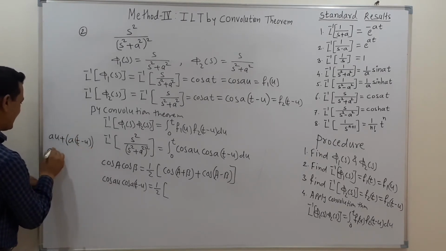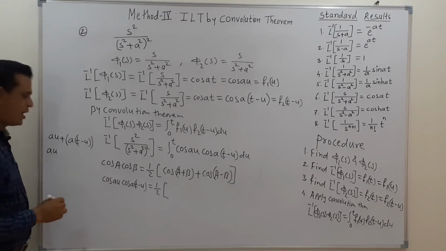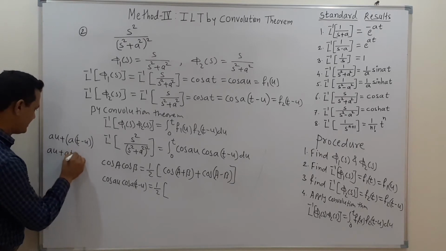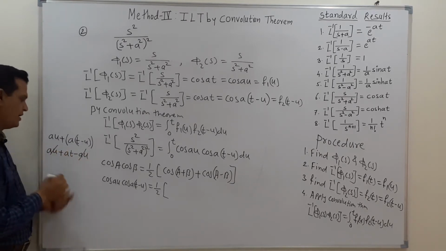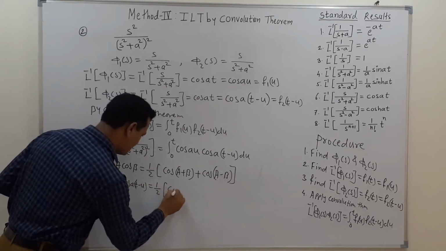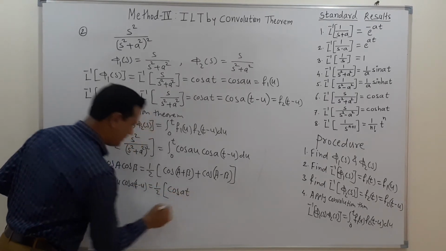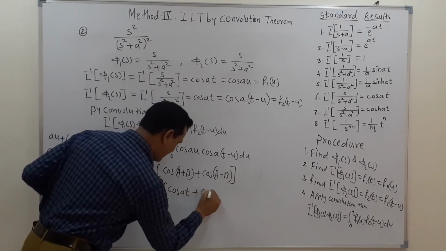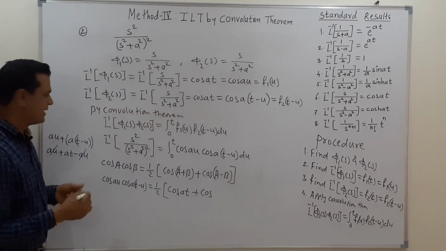If we rearrange this equation, we get au plus at minus au. So the minus au and plus au get cancelled, and this angle is cos of at, plus again cos of (a minus b).